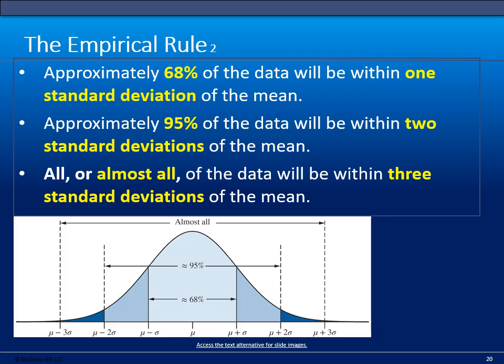That means plus or minus 1 standard deviation. 95% of the data, again very close to all, is plus or minus 2 standard deviations. And then 99.7% of the data, which is really almost all, is within plus or minus 3 standard deviations.